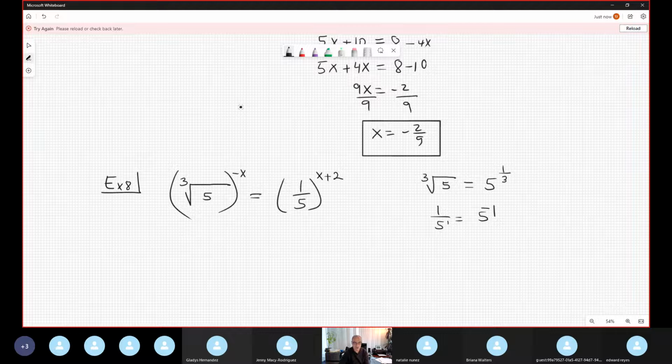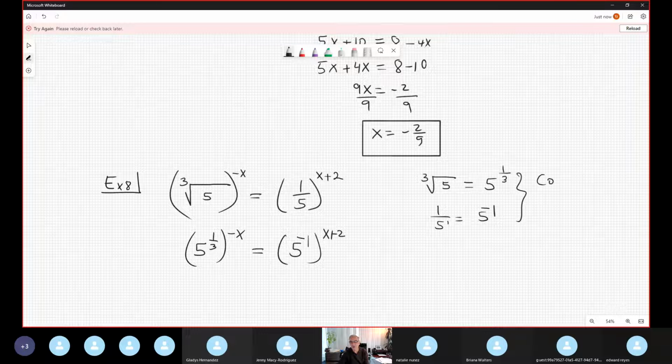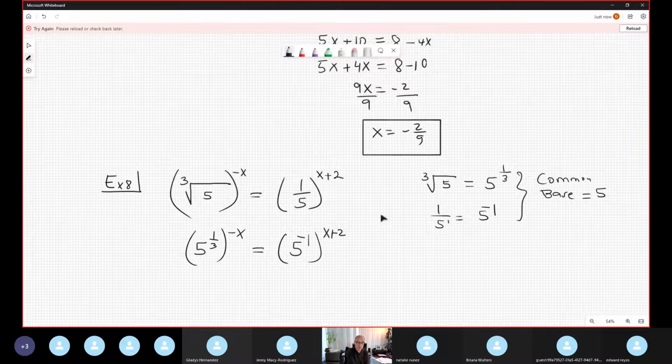So you replace. It's 5 raised to the 1/3, raised to the minus x, double level of the exponent. And here we have 5 to the negative 1, raised to x plus 2. So basically, the common base that I am using in this example is 5. And in this example, one more time, we are using the rule of the exponent.